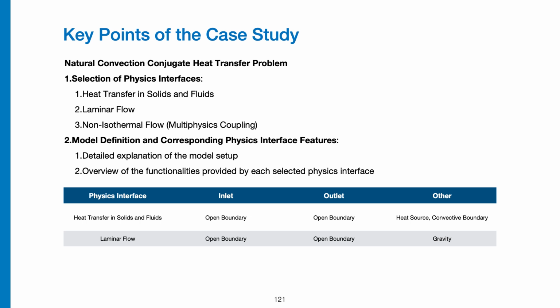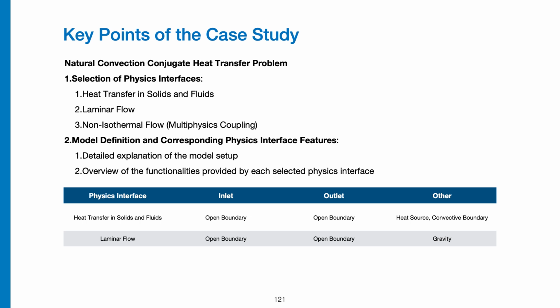Additionally, since the scale is not very large, we temporarily choose the laminar flow model, because in practical engineering problems, you would typically refer to heat transfer textbooks to calculate the Nusselt number and Reynolds number, and then ultimately determine whether the flow is laminar or turbulent. Then we select the corresponding model. At this point, we've simplified that part. If needed, you can refer to our COMSOL 6.1 heat transfer course, which provides a detailed introduction.